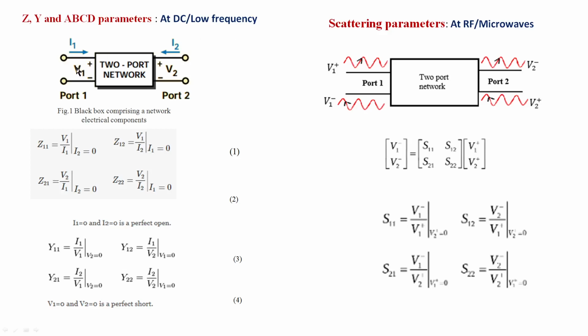Maybe the incident wave is coming like this and the reflected wave may be like this. But if you connect a voltmeter to measure the voltage, it gives the addition of the two.